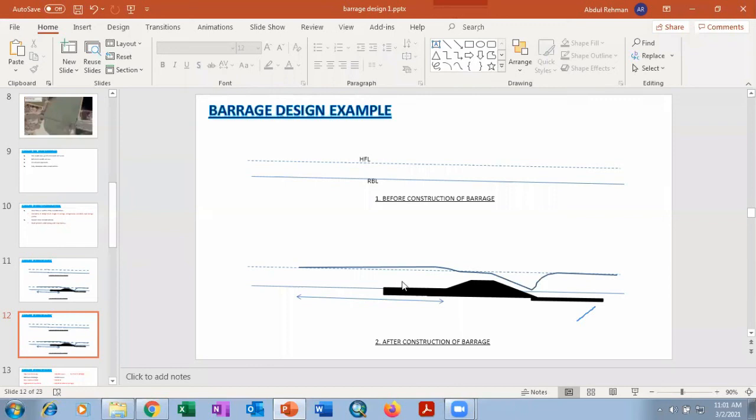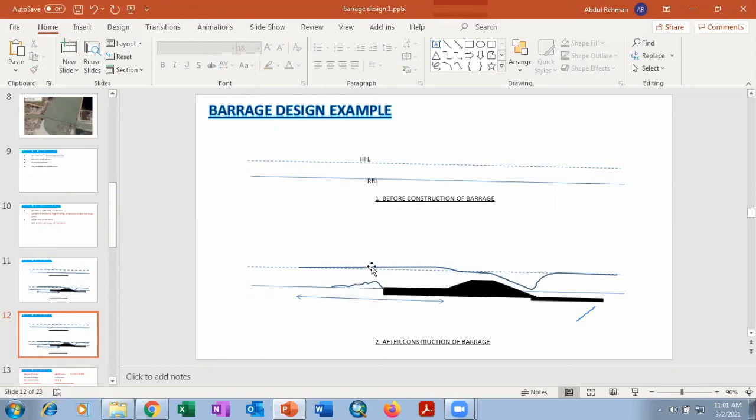On the upstream side, for a constant discharge, the flow depth is increased and the velocity is decreased. And this decreased velocity will cause settlement of sediment particles on the upstream side, maybe just like this.